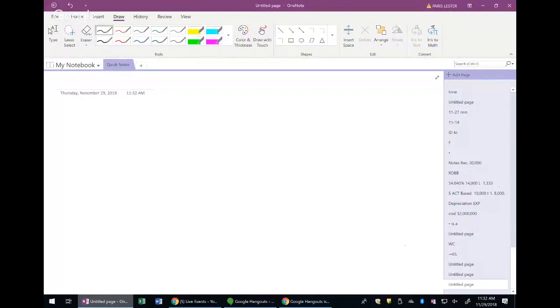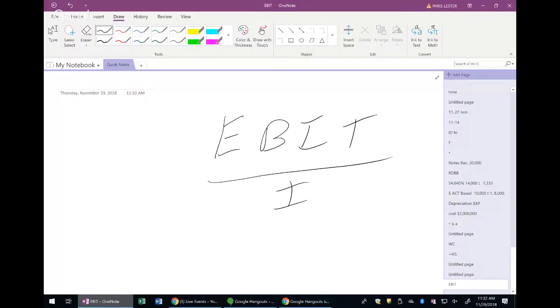I said it was EBIT over I. What did I say EBIT was, Anna? Earnings before interest and taxes, over interest, right? They've got it in your book laid out here for you, and the answer is 4.91. Now, try to do times interest earned for last year, since we don't have to do an average.